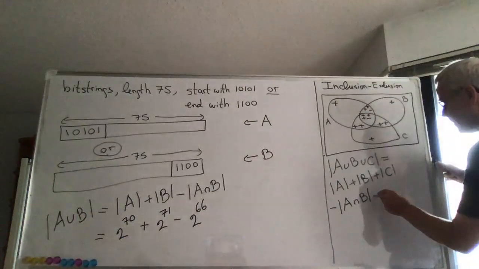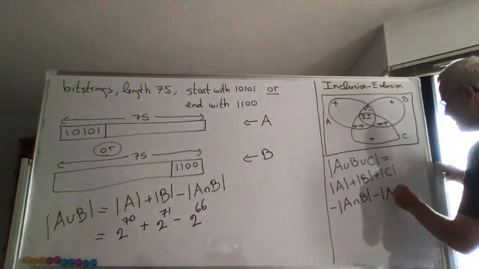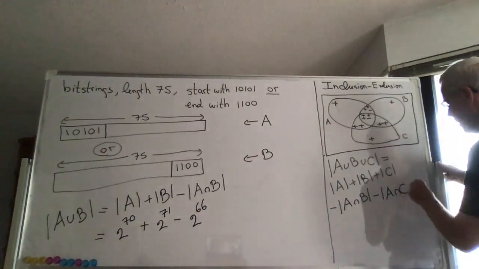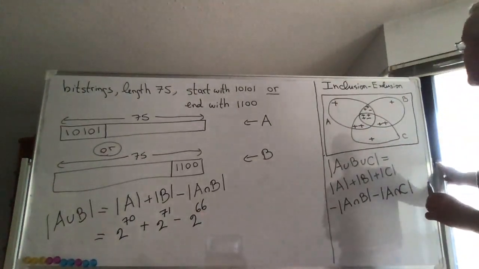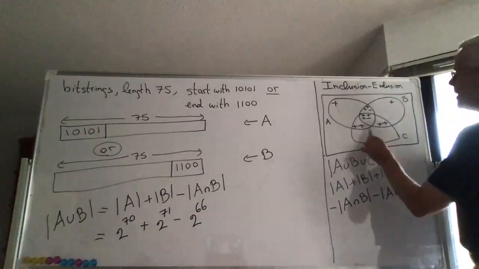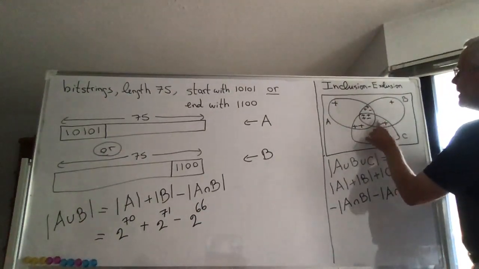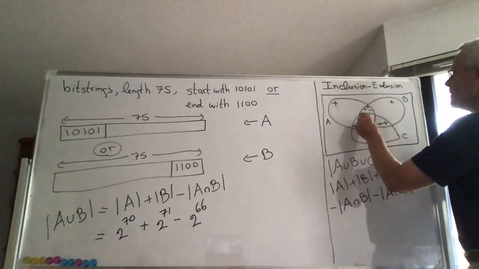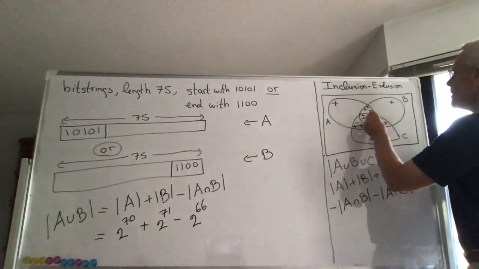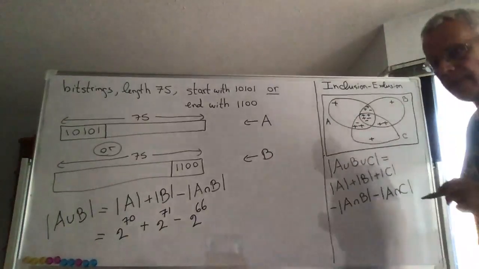So let's do the same thing with the intersection of A and C. A intersected C. In the picture, A intersected C is here. So we subtract these elements and we subtract these elements here.